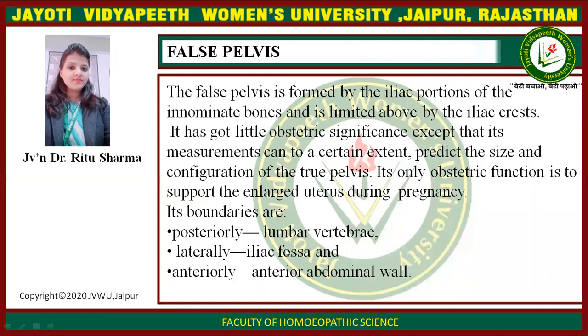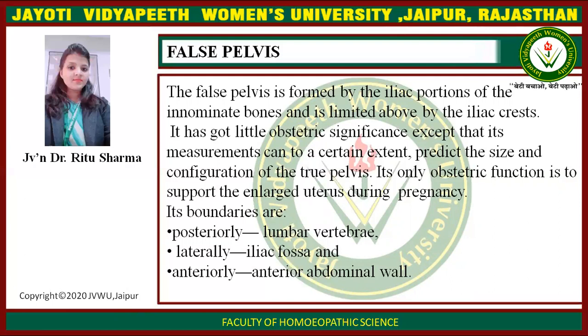The false pelvis is formed by the iliac portion of the innominate bones and is limited above by the iliac crest. It has little obstetric significance except that its measurement can, to a certain extent, predict the size and configuration of the true pelvis.